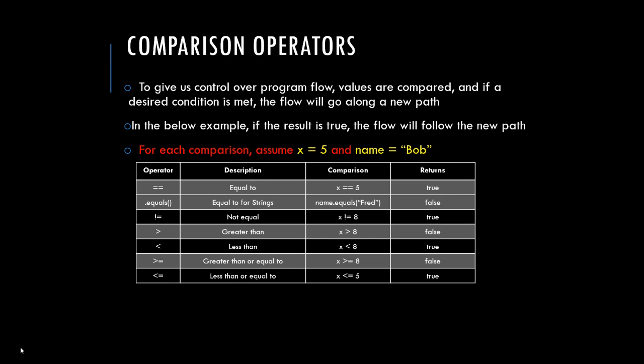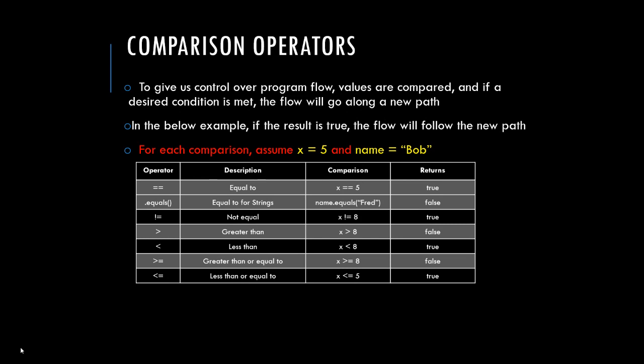Greater than is a comparison where we have the triangular bracket that's larger to the left. It reads from left to right, so x greater than 8 is false. And the opposite direction, less than, x less than 8, would be true.